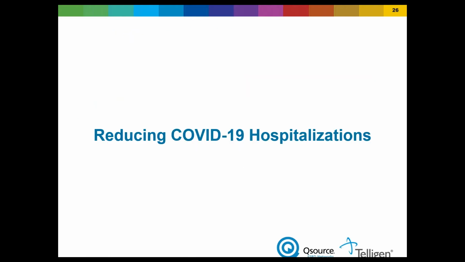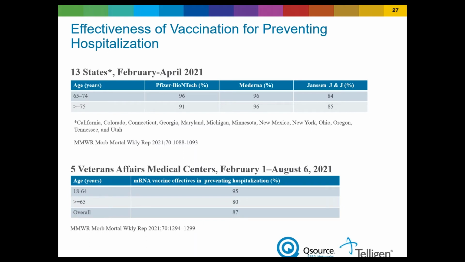Let's focus on reducing COVID-19 hospitalizations in the next few slides. So it's been shown that COVID-19 vaccine is effective in preventing hospitalization. And here I have selected 2 studies to show that. In the top panel, a study involving 13 states that are listed below, between February and April 2021, looked at 2 age groups, 65 to 74 and 75 and older.